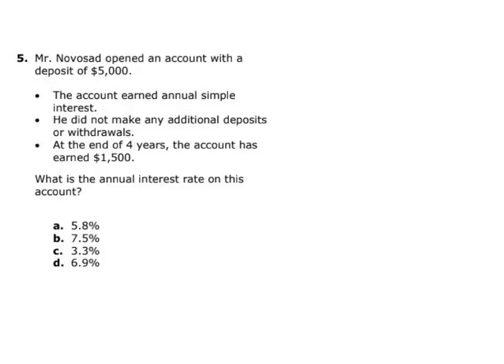Number 5. Mr. Novosad opened an account with a deposit of $5,000. The account earned annual simple interest. He did not make any additional deposits or withdrawals. At the end of 4 years, the account has earned $1,500. What is the annual interest rate on this account? In this case, we have 5,000 as the principal, 4 years is the time, and 1,500 is the interest.